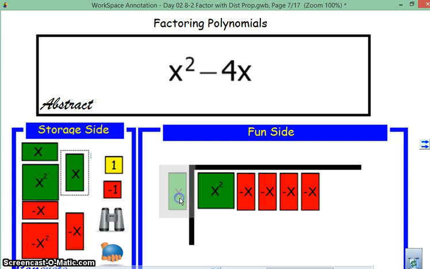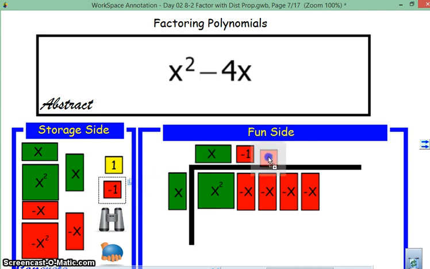Next, on this side, for the shape to match, we need an x. For the sign to match, the one that's closest, we need it to be positive. On this side, we're going to put an x here so the shape and the sign match. And we'll put some negative 1s.